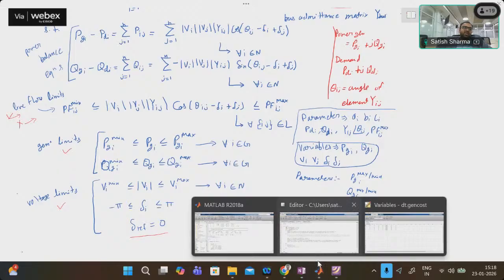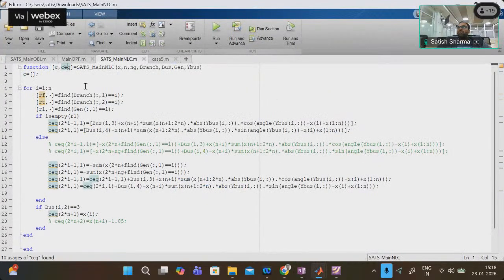And here I will explain how equality constraints are defined in MATLAB. First of all, you have to get rid of this C empty. I provided it as an empty matrix, saying I don't have any limit. You have to define it.